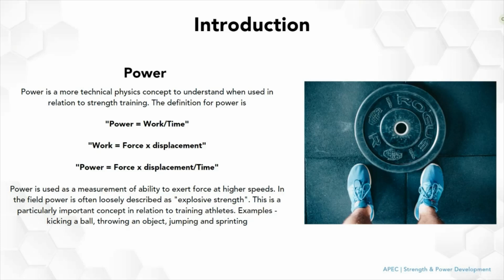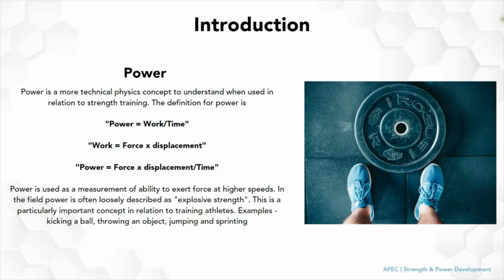In the field, power is often loosely described as explosive strength. This is a particularly important concept in relation to training athletes. Examples will be kicking a ball, throwing an object, jumping, and sprinting. So when we think of power, we're thinking about higher speeds, so things like our Olympic lifts, our jumping, and our sprinting. These will all be high power movements.